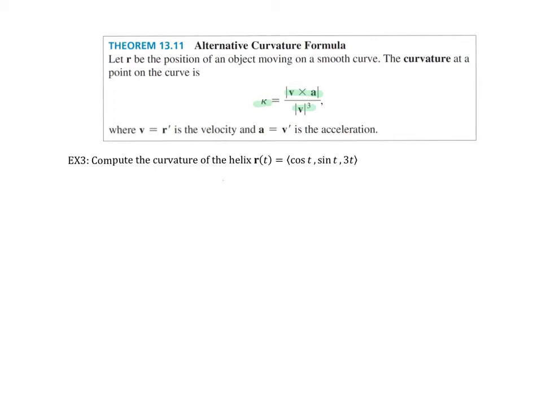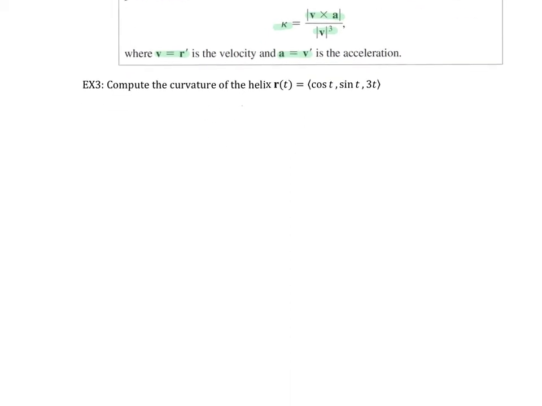Just recall that our velocity vector is the derivative of r, and our acceleration vector is the derivative of our velocity vector. Well, let's go ahead and use this formula to compute the curvature of this helix. And this will probably take a lot of space. And we're going to use this alternate formula.